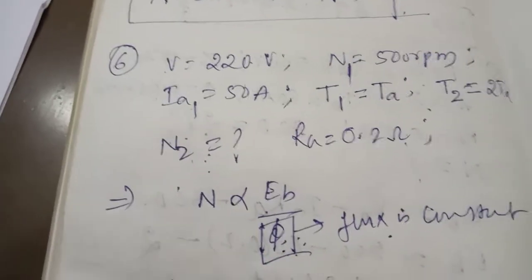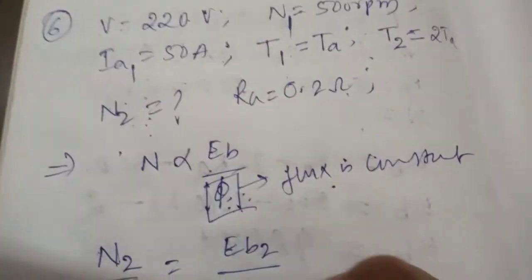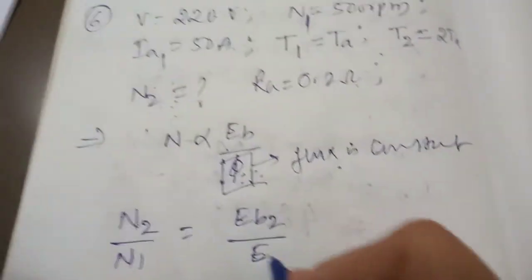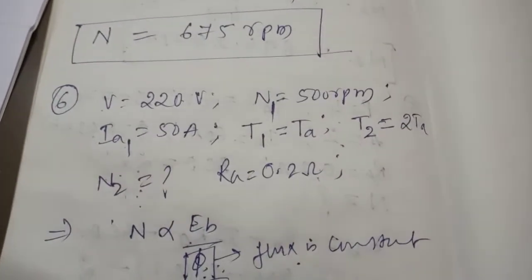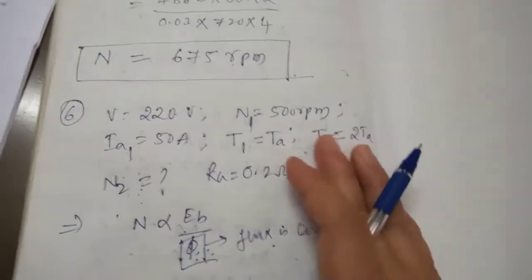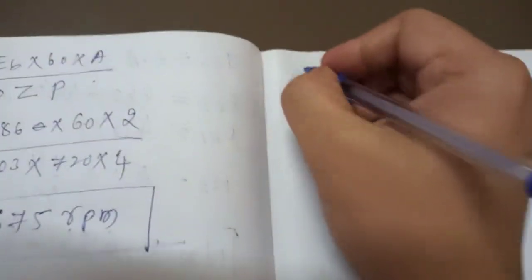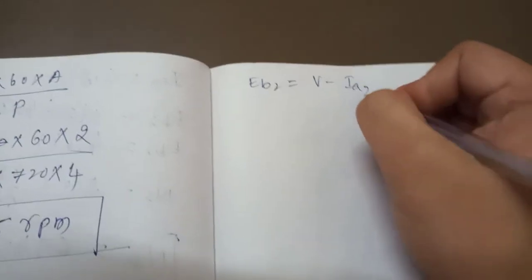So N2 by N1 is equal to EB2 by EB1. I have N1, I have to calculate EB2 and EB1, then I can easily calculate N2. EB2 is equal to V minus IA2 into RA.